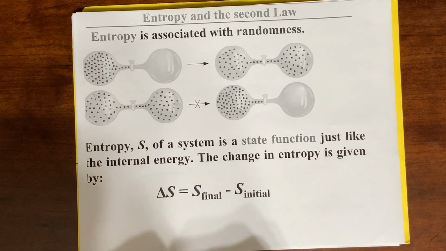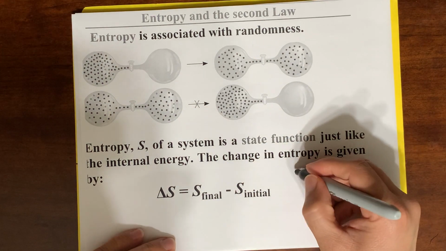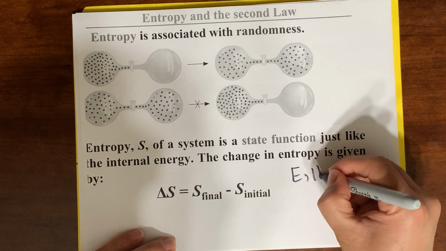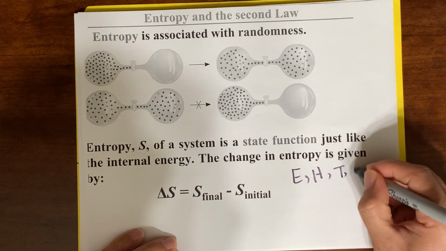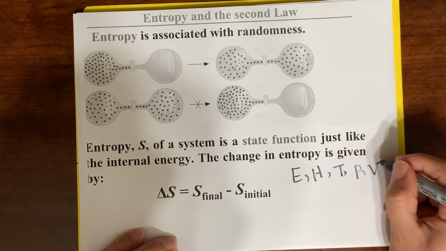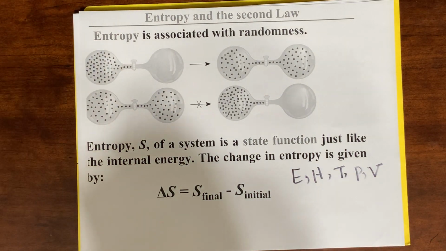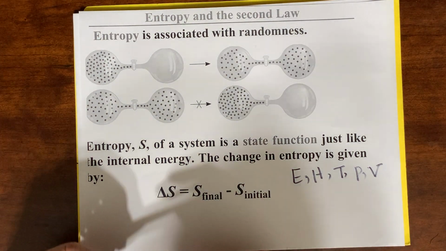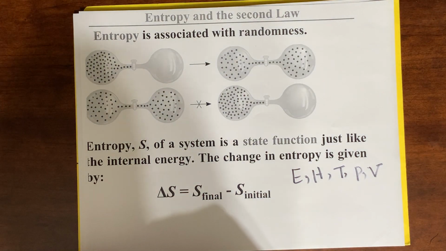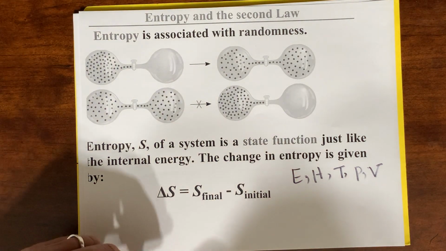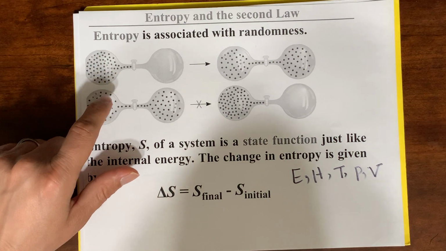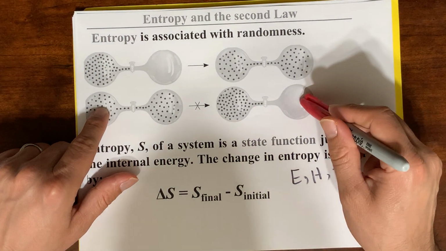Entropy is a state function. That means, similar to E, H, temperature, pressure, or volume, the change in entropy is not subject to the way you do the process. It doesn't matter how you got from the left one to the right one.